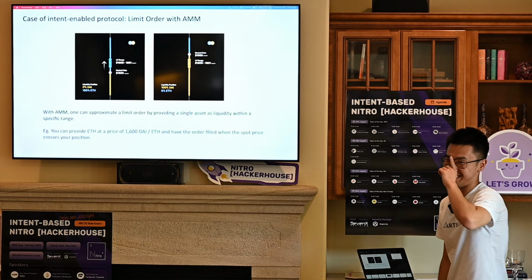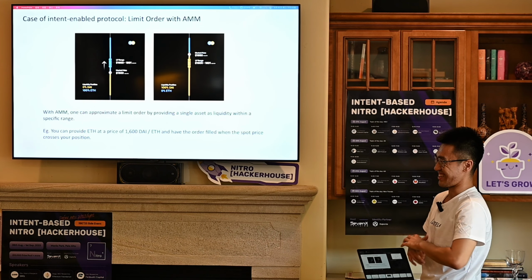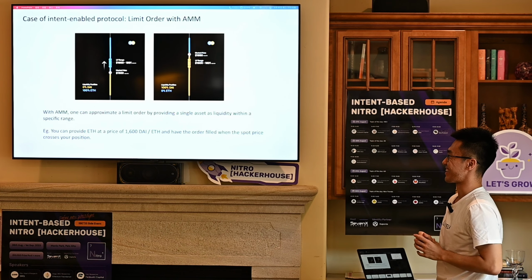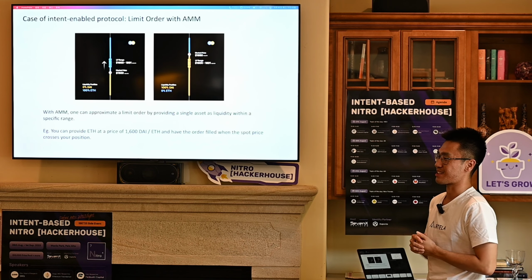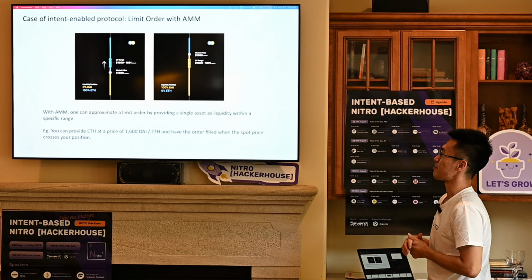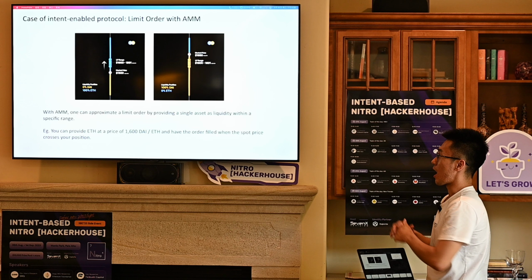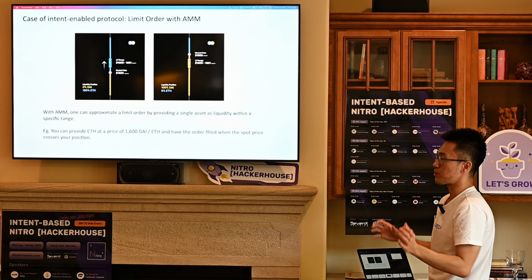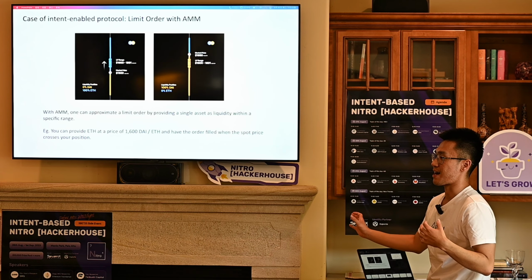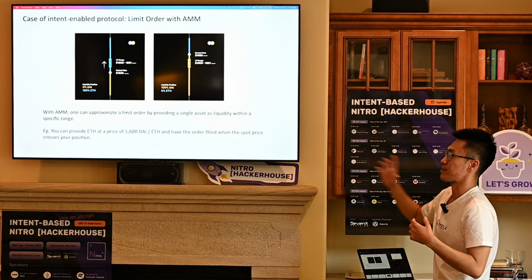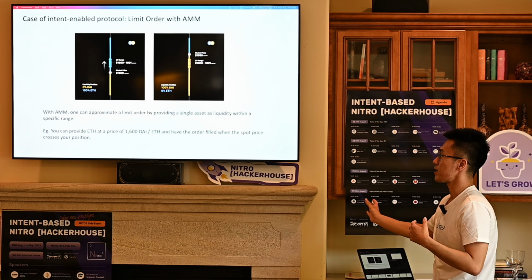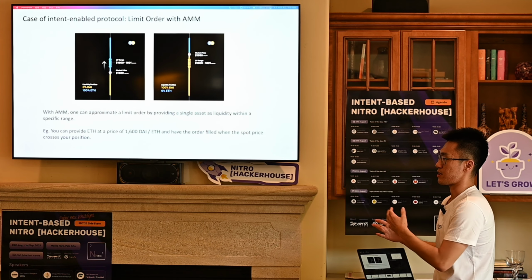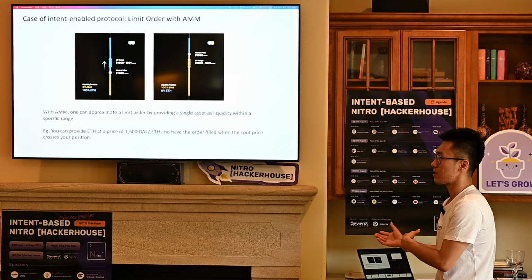I want to use again the use case Eric from Dodo mentioned in his previous speech. Still the limit order, but honestly, limit order or order book and AMM are two different designs, right? AMM is much easier and usually on-chain, but a limit order, if you want to achieve this functionality, is usually off-chain.